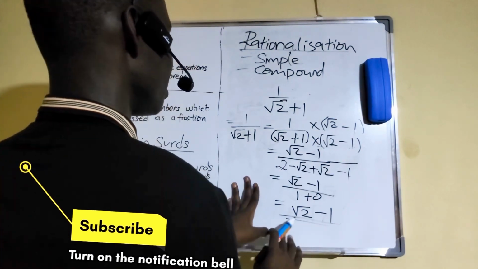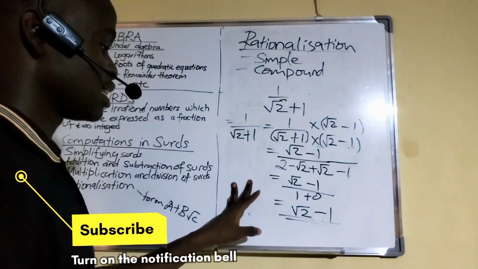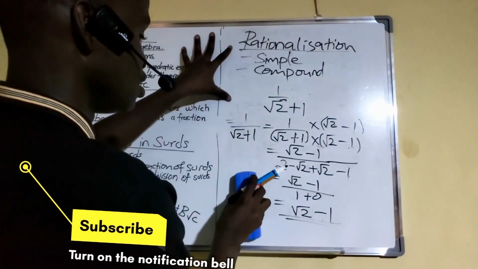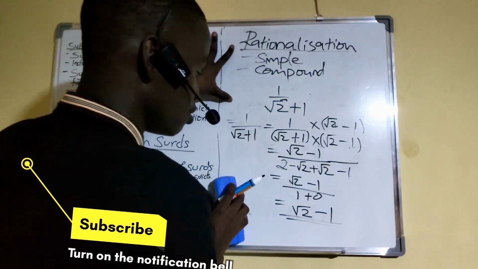This is simply that. Well, remember when we said surds can be used in trigonometry, we can try to involve some trigonometry.